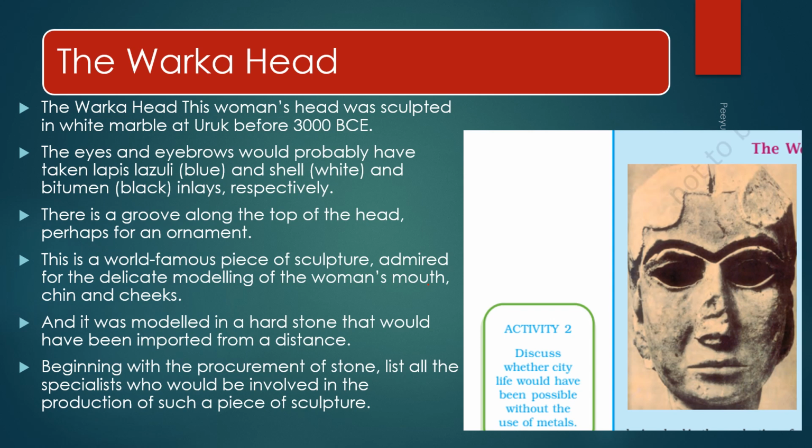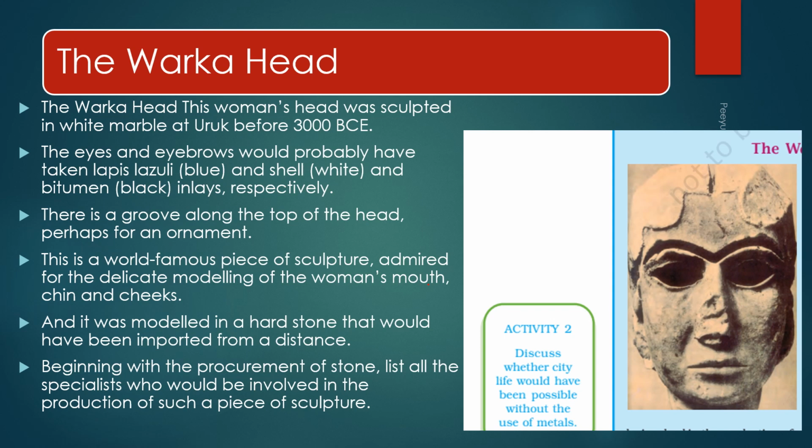Beginning with the procurement of the stone, list all the specialists who would be involved in the production of such a piece of sculpture. So we can simply list who all would have been involved. In any case, the sculptor who carved the stone, the stone provider or stone seller, and the groove maker.